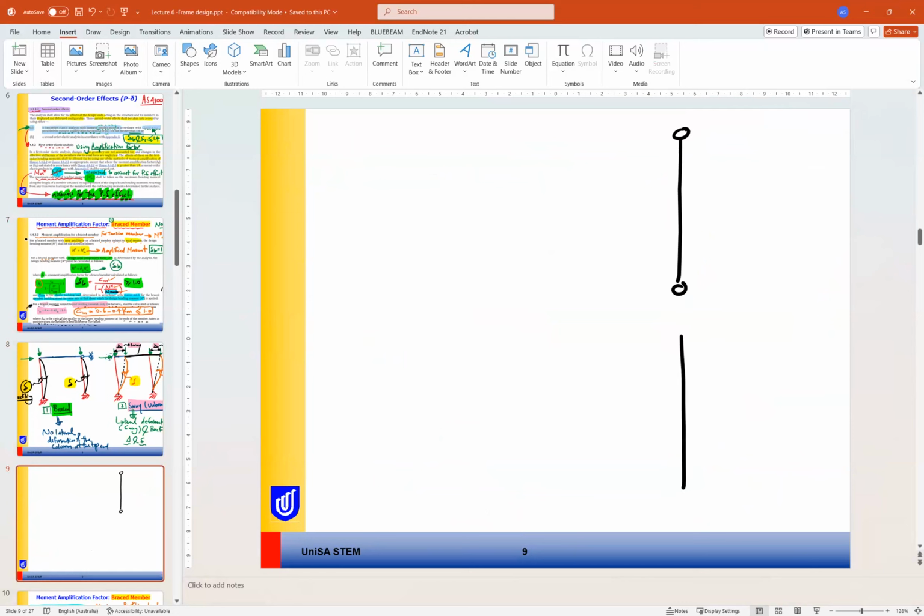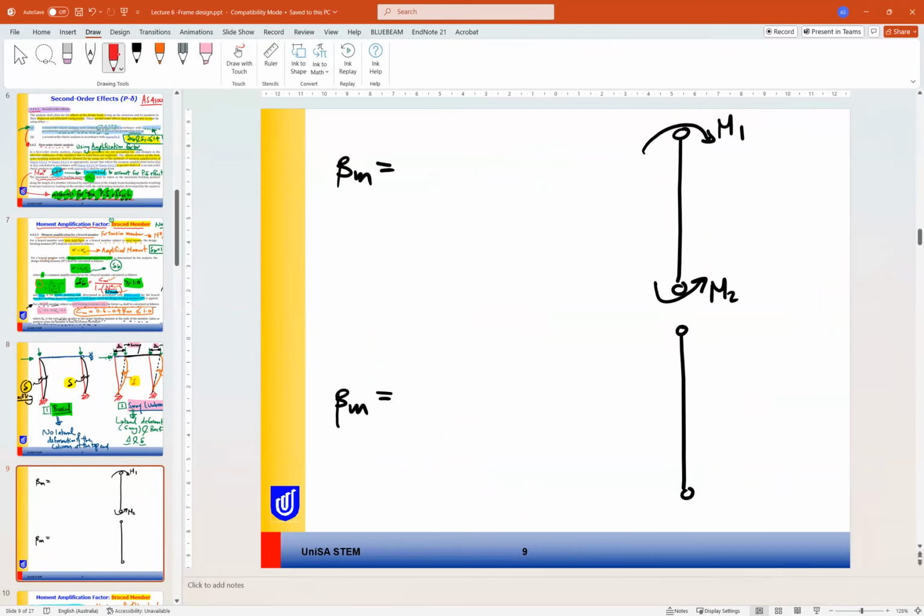We have two cases, when we have the moments M1 and M2.